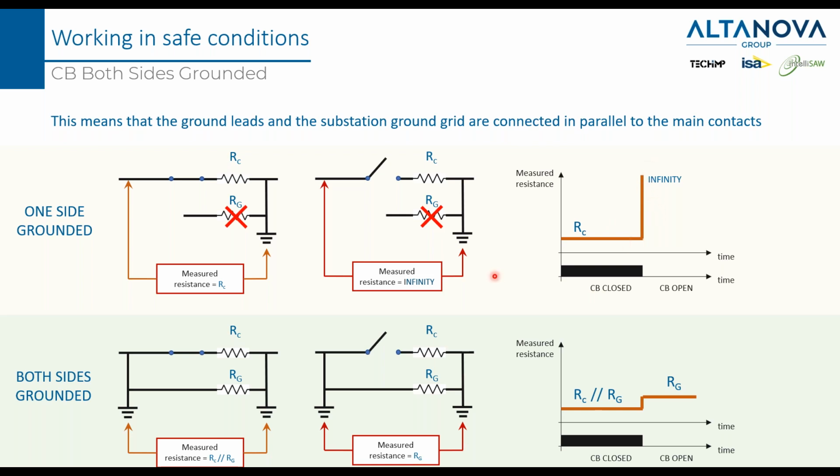But now we understand that in order to have this situation, you need to remove one of the two sides from the ground. So what you are doing is actually breaking one of the rules. Actually, you cannot do this, but if you don't have a proper device able to measure the timing when the two sides are grounded, the only option is to remove one of the two ground leads.